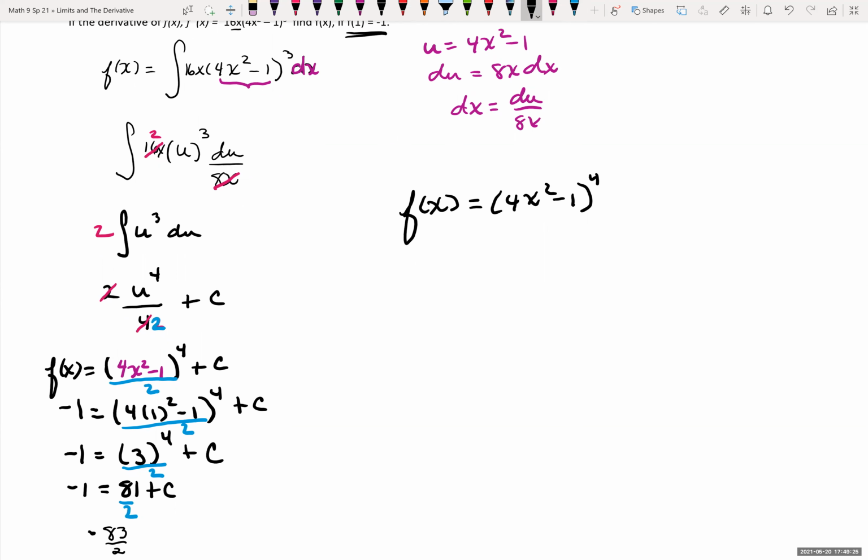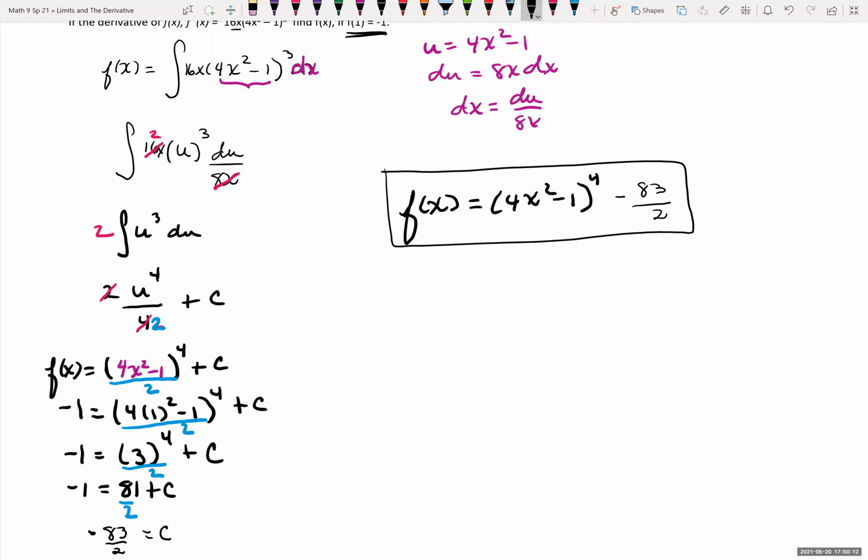Is equal to C. So minus 83 halves. I forgot it again. So this divided by 2. So technically we could rewrite this as a single fraction if we wanted, but we can leave it like that too.